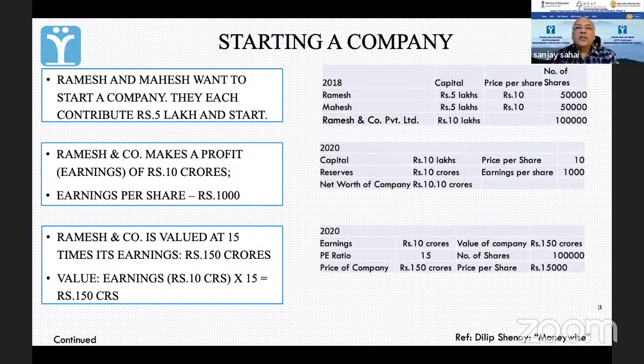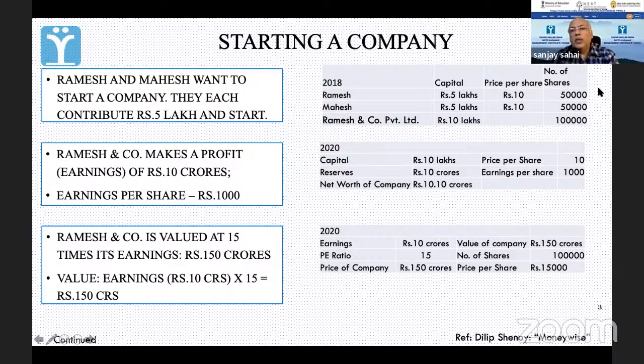You have approached someone, let's say an investment banker, to value your company. They say that your net worth is 10 crores, but your company has the capacity over its life to generate much, much more than this. So let us assume 15 times of your current earnings. Over the years, you will earn much more than this, but let us take 15.